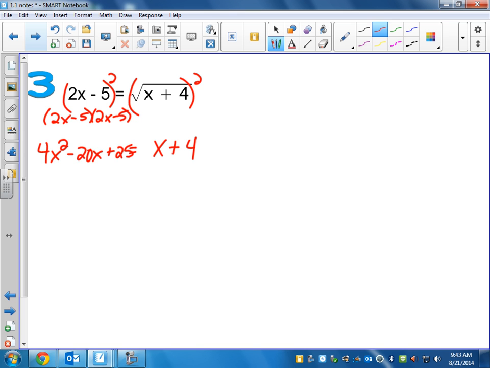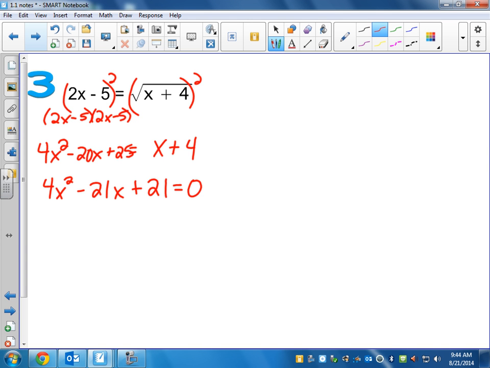Hooray! If I subtract 1 over there, is that minus 21x? Minus 21? Stop me if I don't add correctly. Wait, would it be plus 21? Yep.